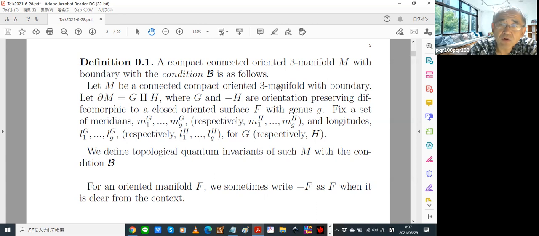The three manifold with two connected boundaries, and both are diffeomorphic.